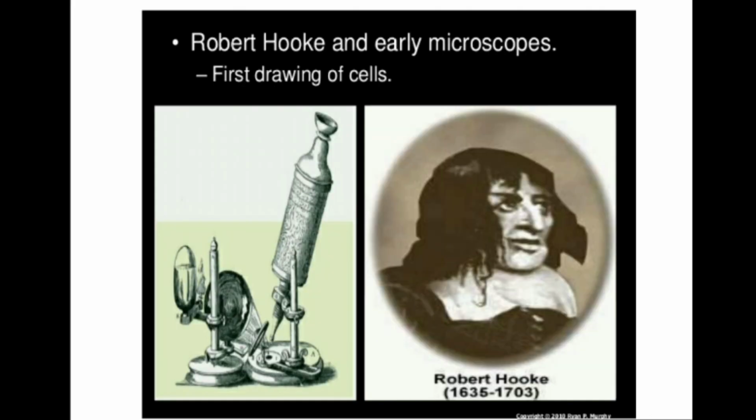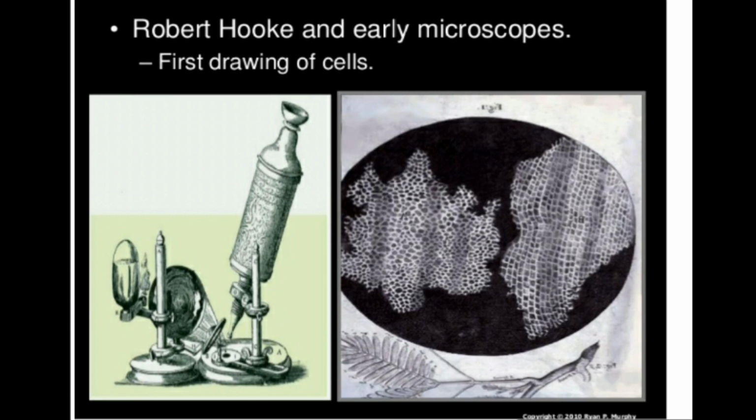Let's go back in time. The cells was first described by a person called Robert Hooke, who used a primitive kind of a microscope that you're seeing on the screen right now. And using this microscope, he was the first person to draw the structure of cells.